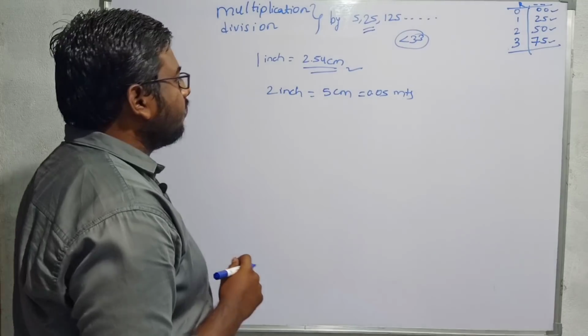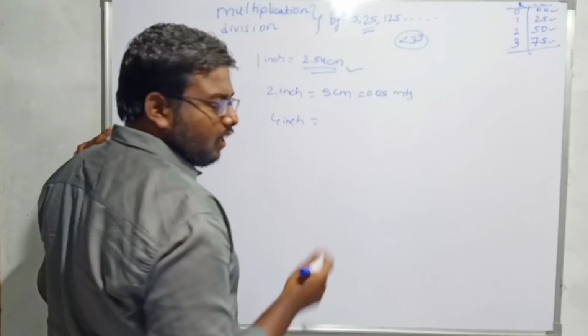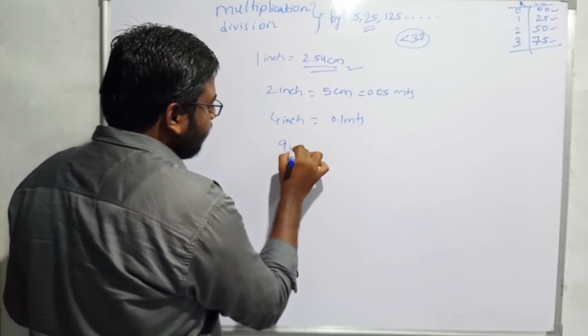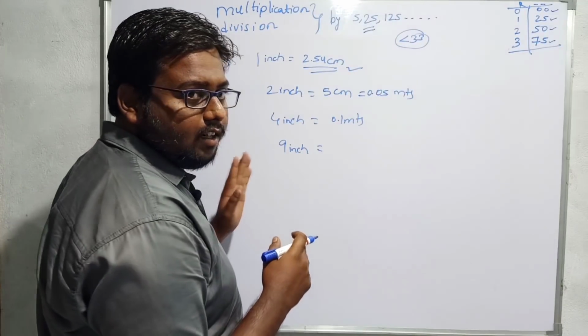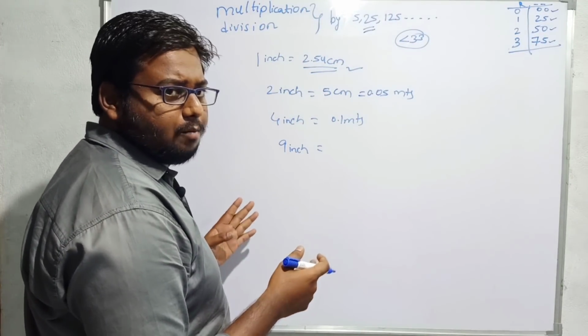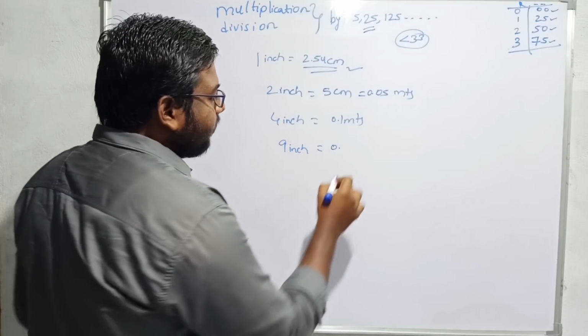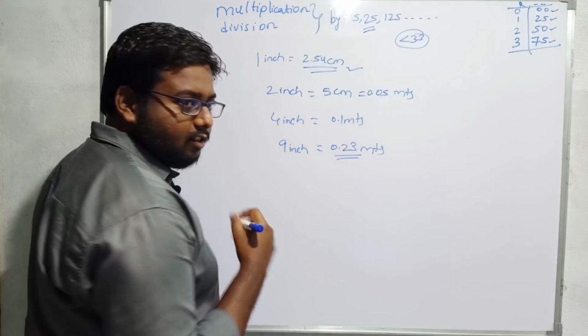For example, if I have to write 4 inches, 4 into 25 is 100, so 0.1 meters. If I have to write 9 inches, 9 into 25, this will be 225, that means 0.225, that will be rounded off to 0.23 meters. You can calculate like this.